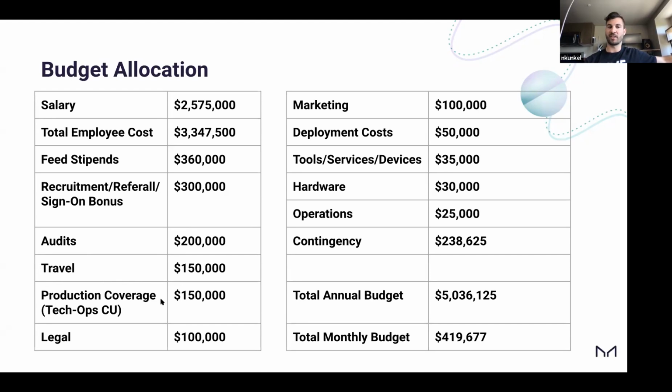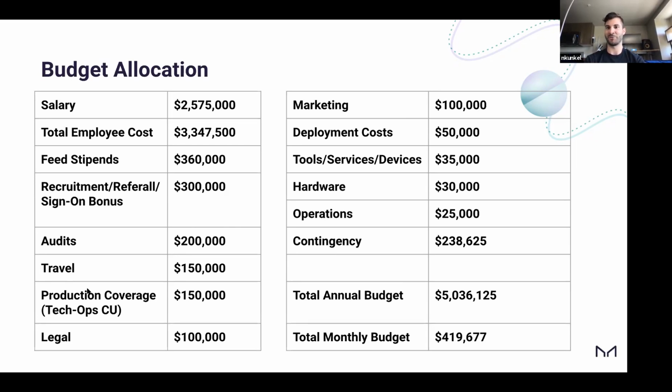Production coverage, right? We talked about this earlier, that internal monitoring and external monitoring. It's prohibitively expensive for us to have 24/7 coverage for the Oracle protocol inside the Oracle core unit. Right? We would need one DevOps person in every single time zone, plus redundancies. Just for the Oracles alone, that's just a non-starter in terms of costs, right?